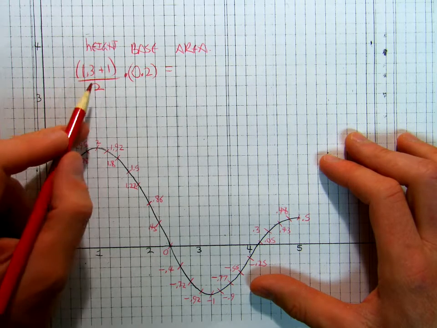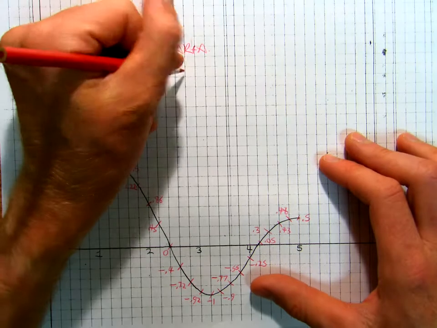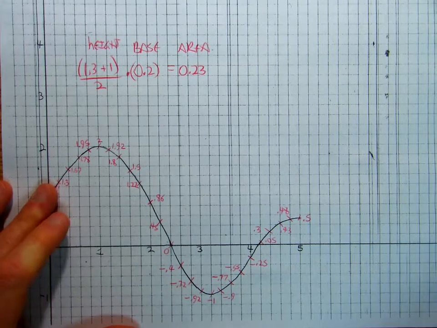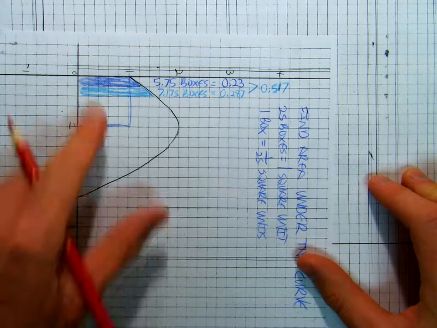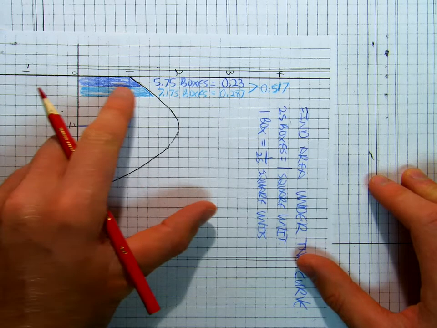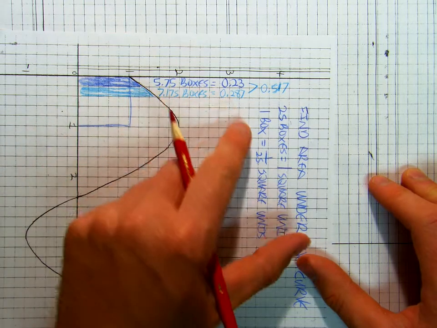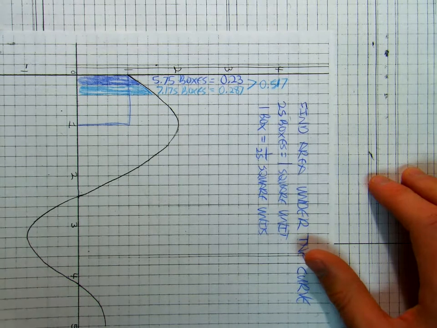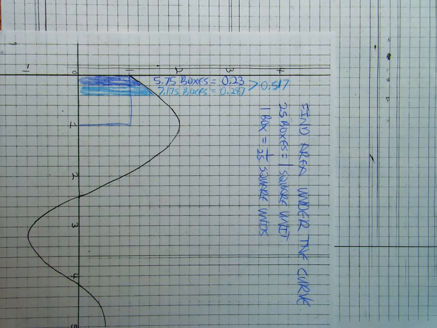And so my area is going to be 1.3 plus 1 divided by 2 times 0.2, which is 0.23, just like I said, 5 boxes is 0.23.